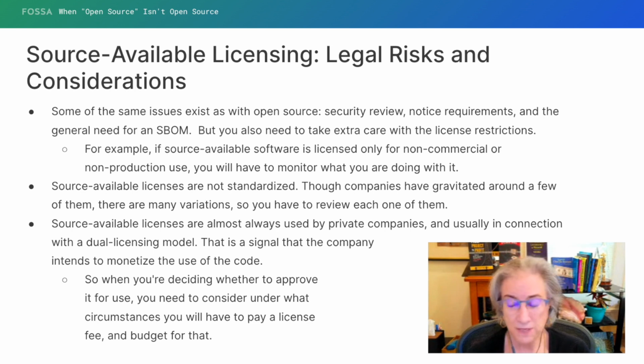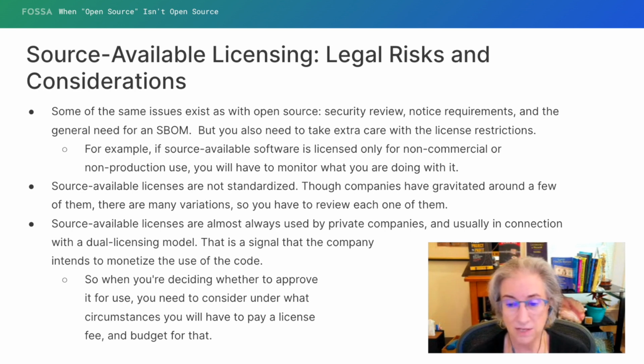On the other hand, the companies that release source available code are usually doing some enforcement activity because they're shoring up their rights. And so you should expect that it's a little more common to have actual enforcement actions from private companies. By the way, those are not usually lawsuits. They're usually just letters saying, we understand that you're using this in violation of the license.